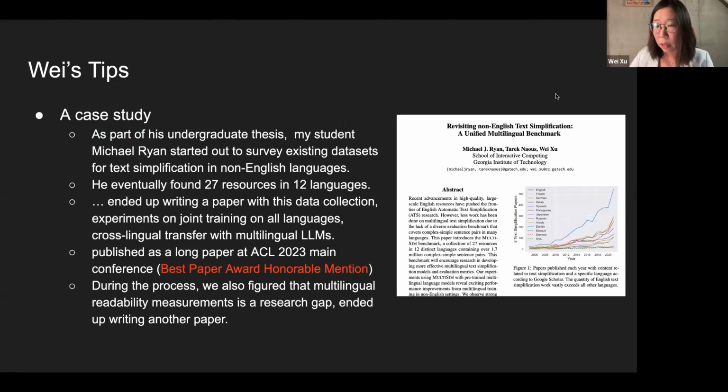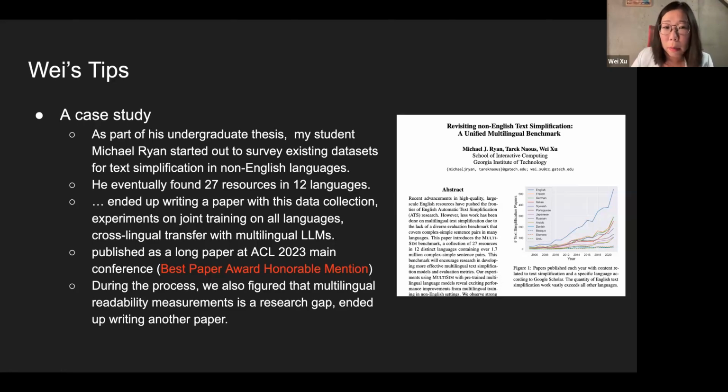We saw text simplification, one of the generation tasks, becoming more and more popular, and we were curious how many languages and how much data already exist. So that's what he set out to do, and he ended up digging out every single paper he could find on Google Scholar and narrowing down to about 30 resources.